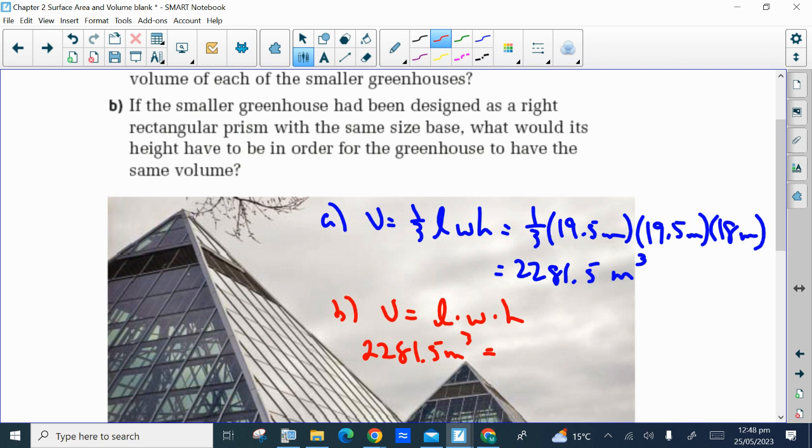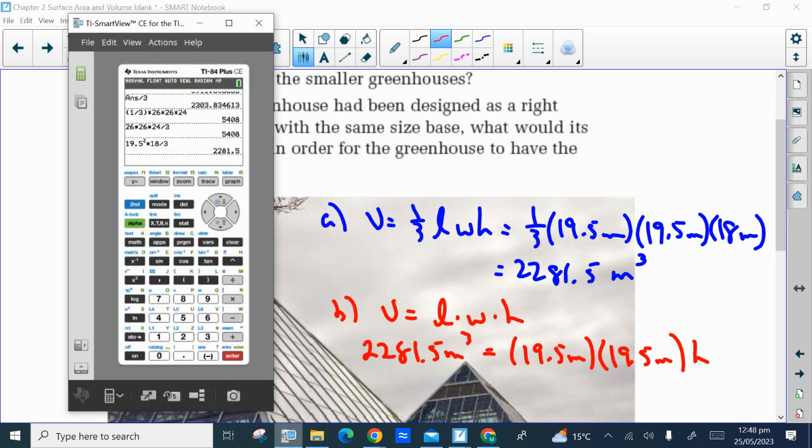And again, it says that the base has the same size, so that's 19.5 meters by 19.5 meters. We want to find out what h the height would need to be so that the volume was the same. So on the right, you've got 19.5 times itself, or squared. That part alone is 380.25.